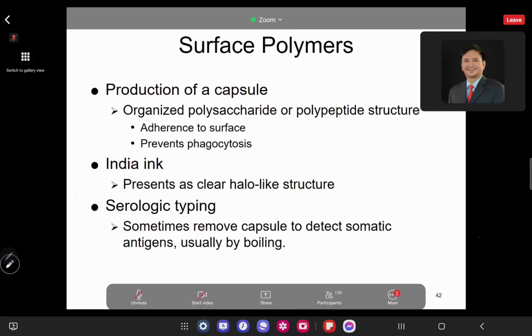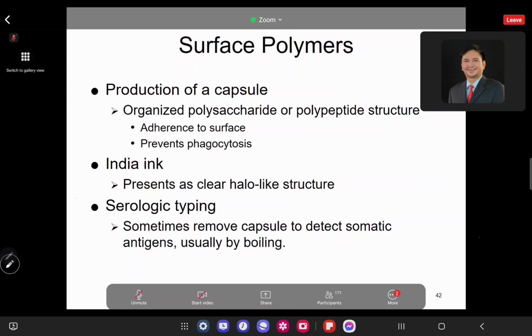Capsules aid in adherence to surfaces and help bacteria evade phagocytosis, enhancing their ability to cause infections. Now, what is the recommended staining technique? It is your India ink stain. Now, the capsule will appear as a clear halo surrounding the cell.